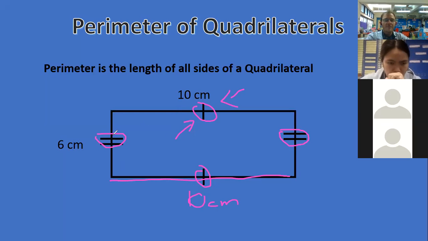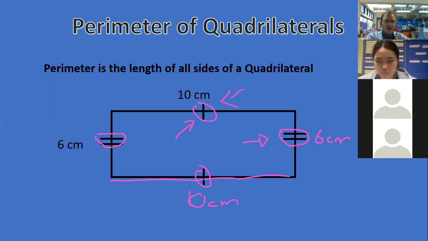And the reason why I put two lines over here is to show that it has a different length. So this one is 6 centimeters, and then we know that this one over here must also be 6 centimeters. You will see that in your books.